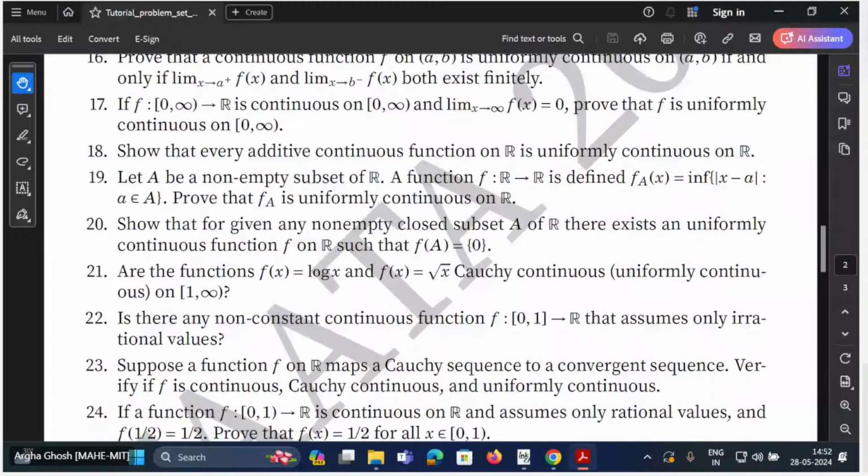Any idea how to approach? So use the facts. So question number 17, correct? What is given? Given that f is continuous on this set.